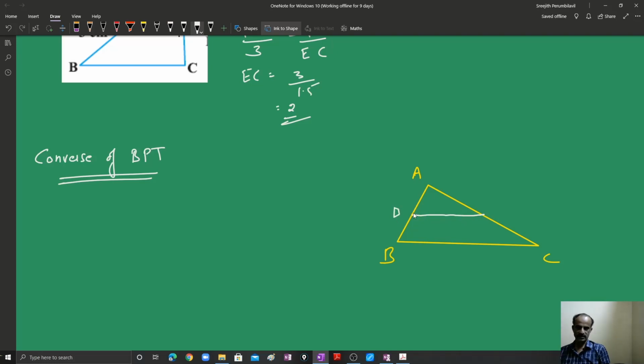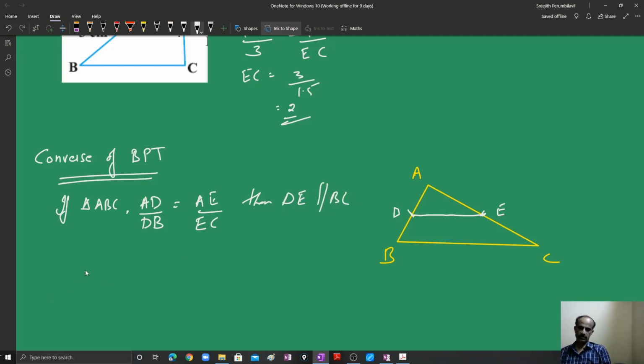in triangle ABC, if a line DE divides two sides of a triangle in the same ratio, that is, if AD by DB is equal to AE by EC, then DE is parallel to BC.